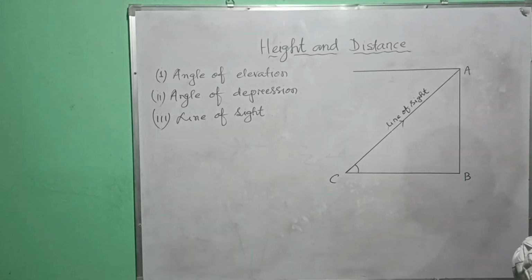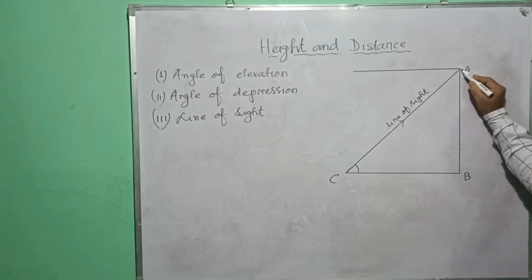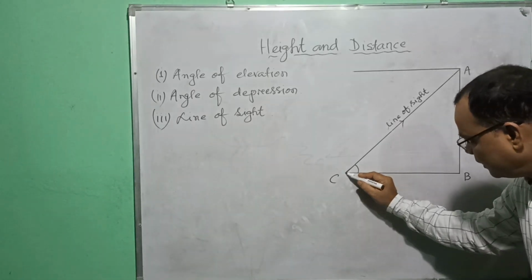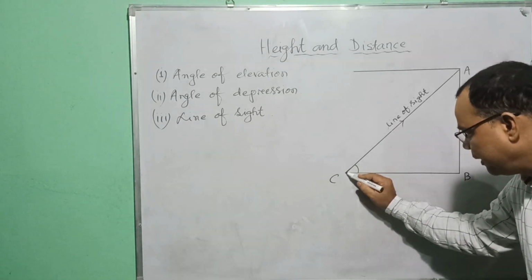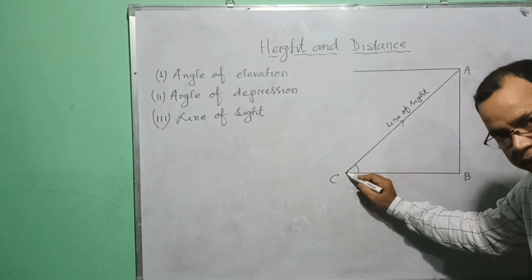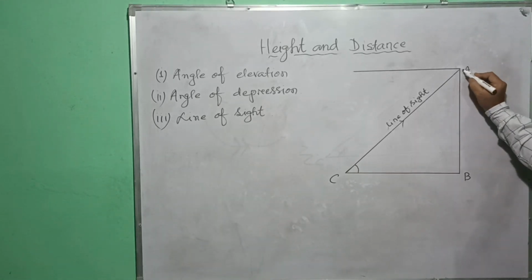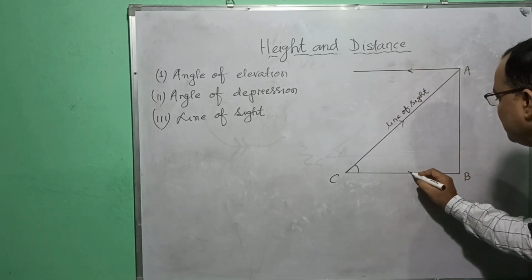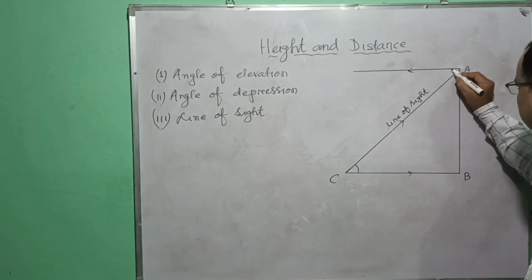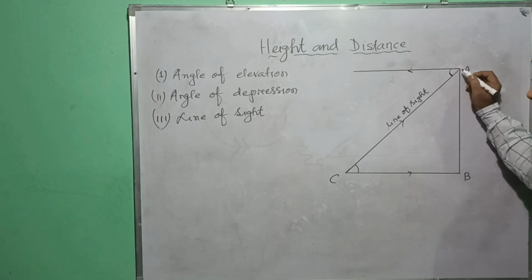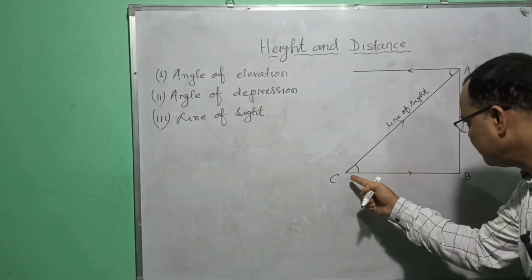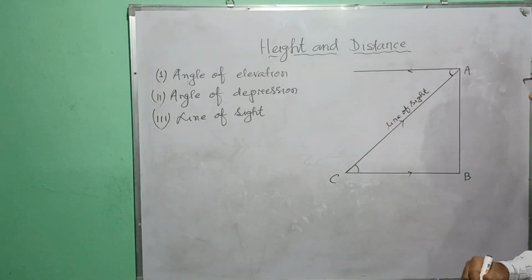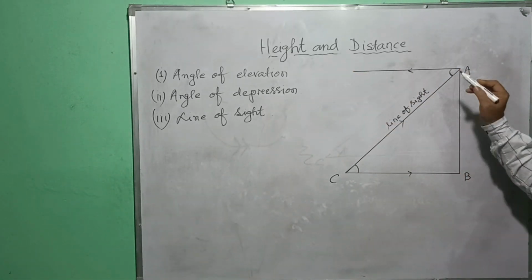Now, in a similar way, suppose the observer, the man, is viewing downwards at any point on the ground level at C. Then here you have to draw a line which is parallel to the level ground. The angle formed by the line of sight and the horizontal line is called the angle of depression.